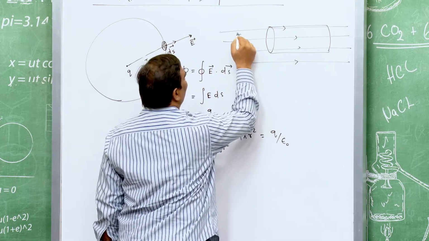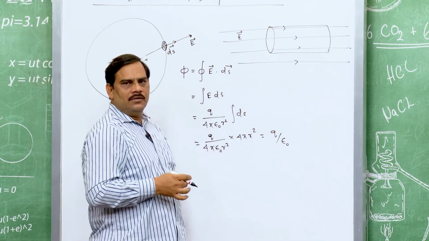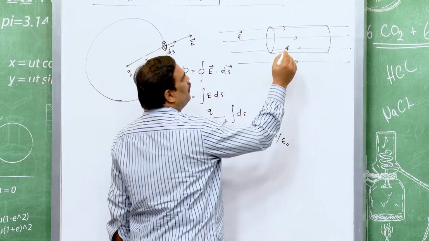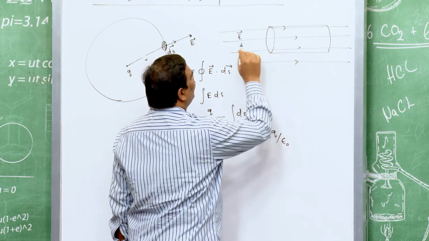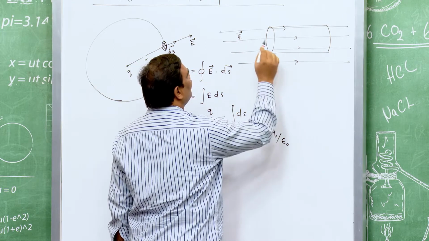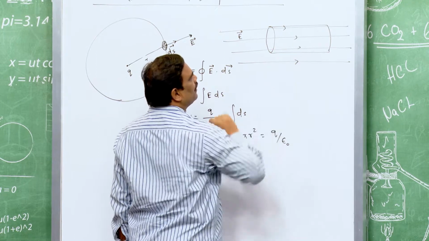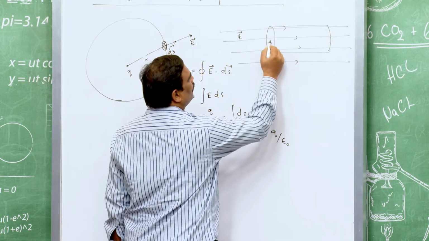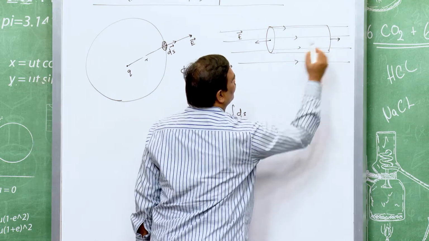This is my uniform electric field E. So, if I calculate the flux passing through this cylinder, then obviously it has two surfaces.